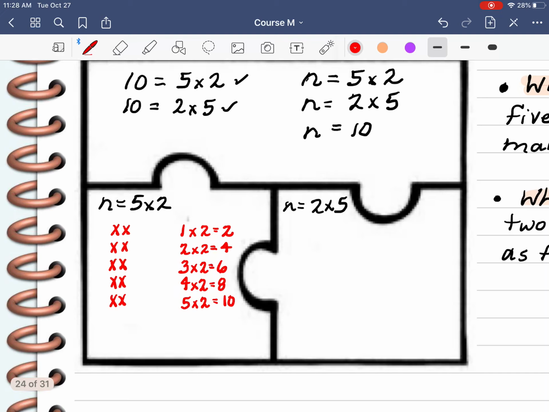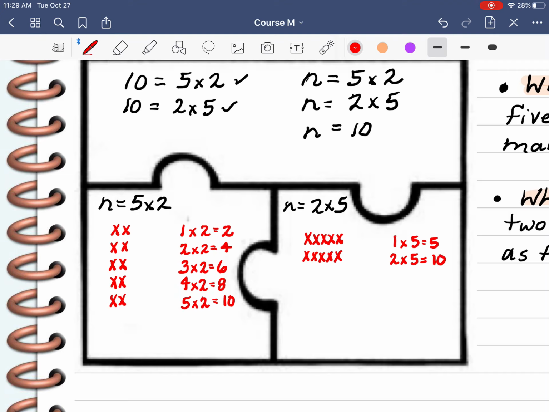And then to show this one in illustrated form, we have 2 iterations of 5. So we have 1, 2, 3, 4, 5. That's 1 iteration of 5. 1, 2, 3, 4, 5. That's 2 iterations of 5.